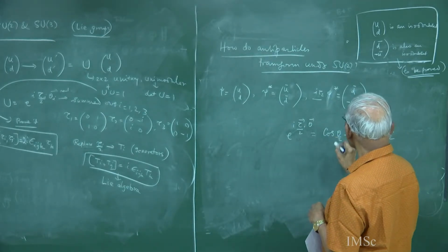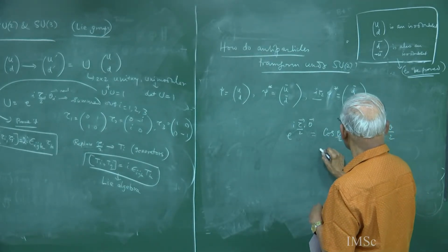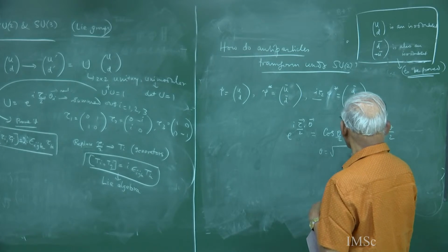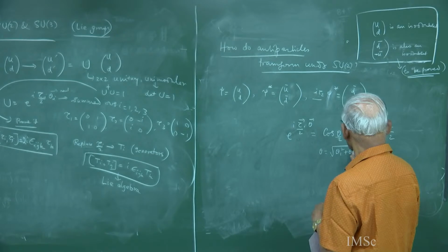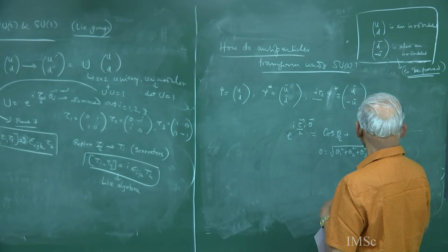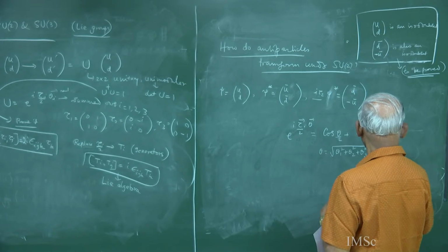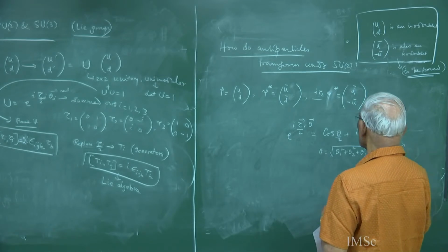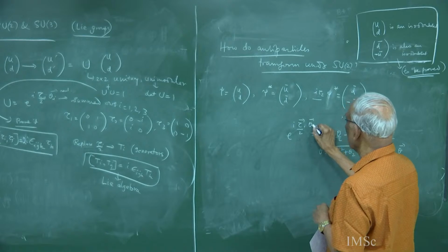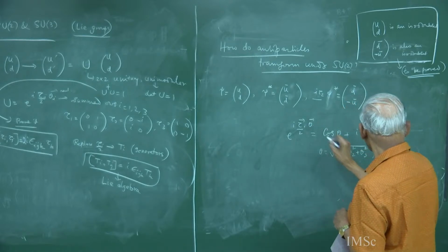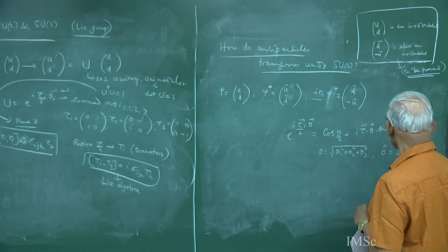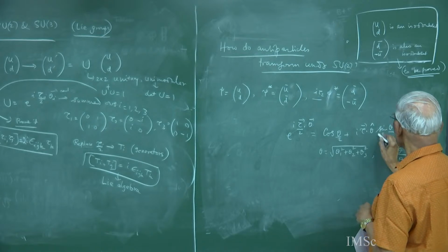Here I am defining theta as the square root of theta 1 squared plus theta 2 squared plus theta 3 squared, just like for an ordinary vector. And this unit vector is the theta vector, which has three components theta 1, theta 2, theta 3, divided by the theta magnitude. Then it is called a unit vector.